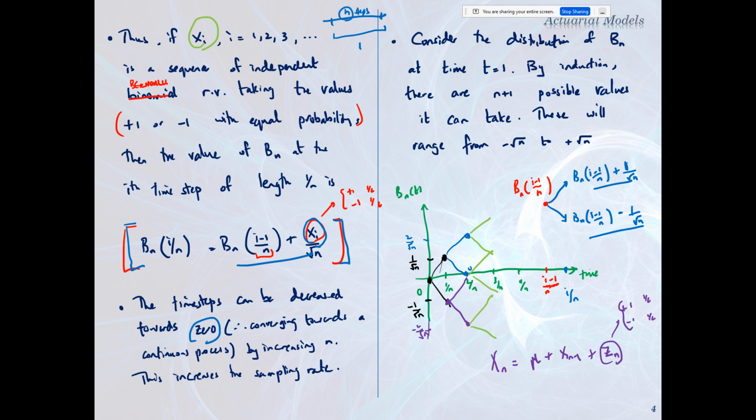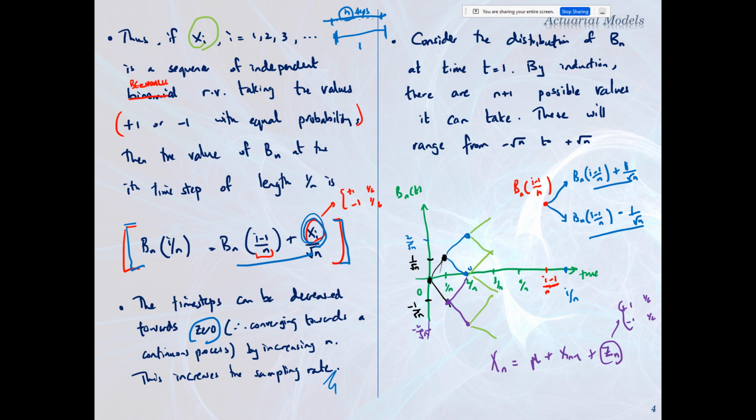I want this n to increase towards infinity. What happens is that I will have an infinity of time steps in that interval 0 to 1. So finally it is converging towards a continuous process. So we are increasing the sampling rate; in fact, we will be having more Bernoulli random variables within that same time interval 0 to 1, for example.